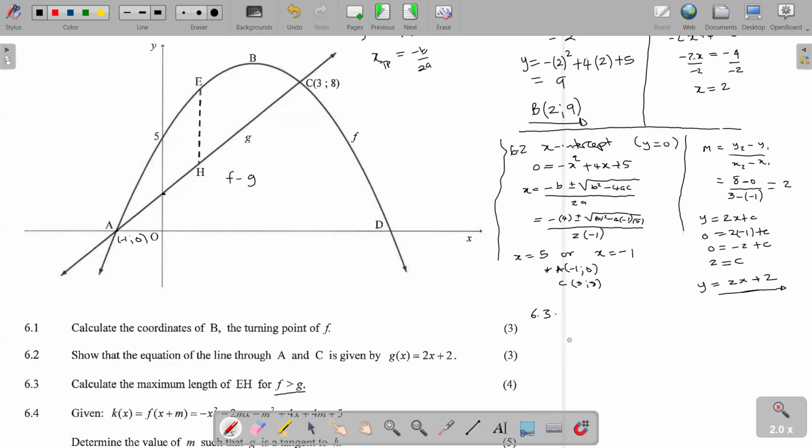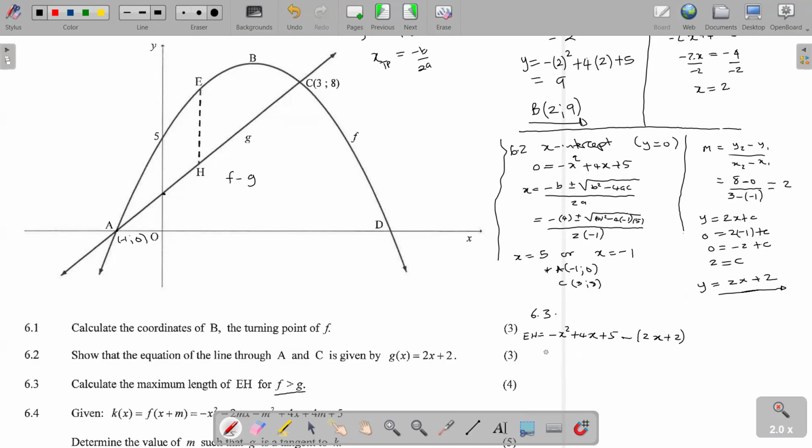So our F is negative x squared plus 4x plus 5 minus G. In other words, that is the general distance of EH. What's G? G is 2x plus 2. Then make sure we put a bracket when you subtract the G.